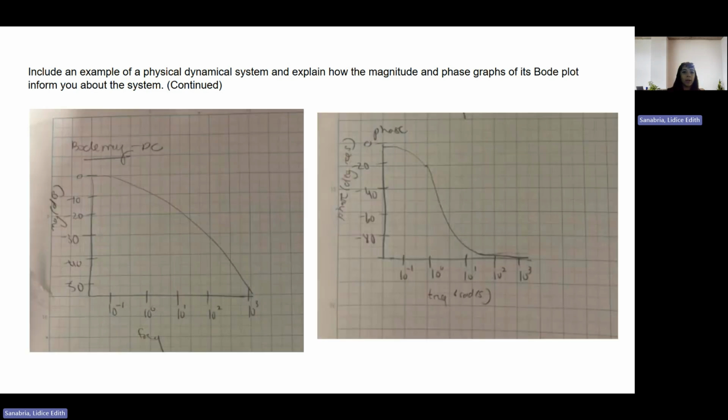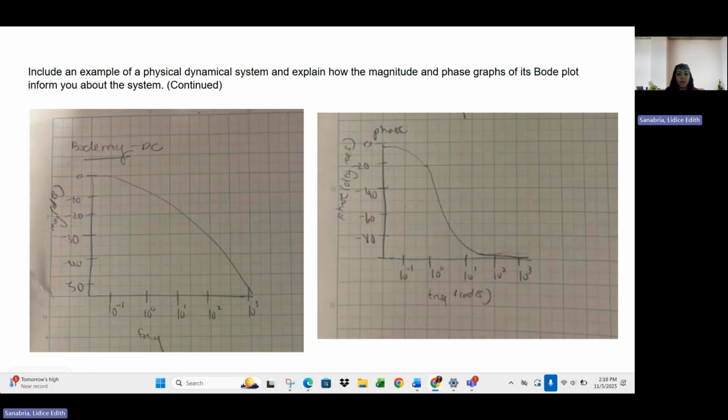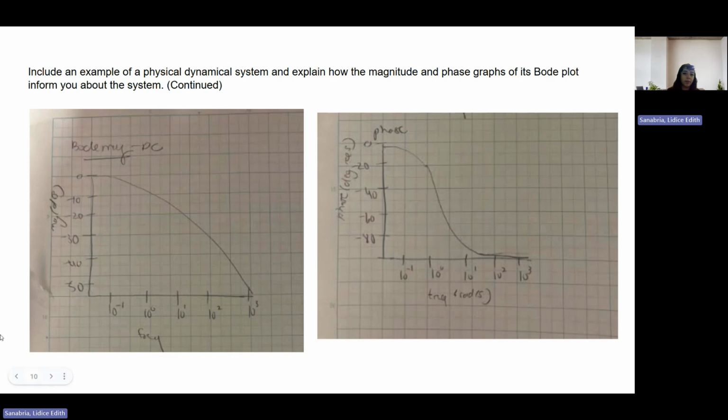So on the magnitude plot on the left, you can see the high gain at low frequencies, meaning that the motor is following these slow commands very well. And then as the frequency increases, the magnitude drops, and this tells us that the motor cannot respond quickly to rapid input changes, so it behaves like a low-pass system. And then on the phase plot on the right, you see a little phase lag at these lower frequencies.